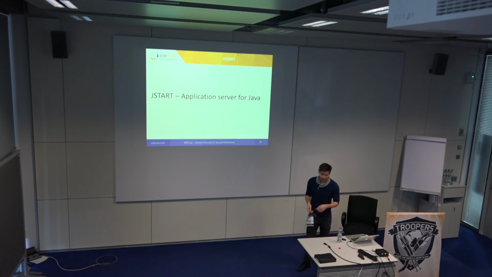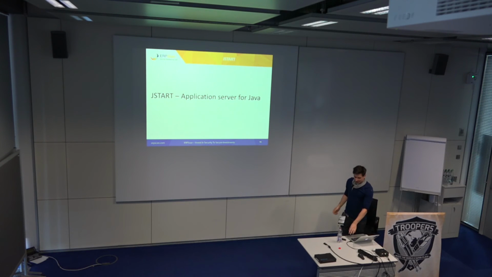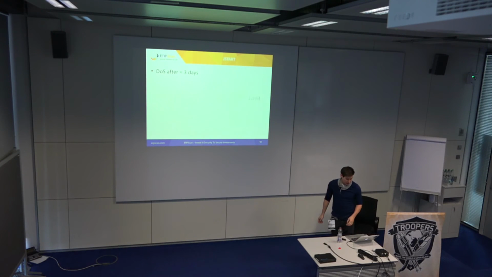It's the application server for Java. This binary file is responsible for the Java stack of SAP. And yes, we found denial of service issues for the G-start binary, for G-start processes, approximately after 3 days of fuzzing and research.